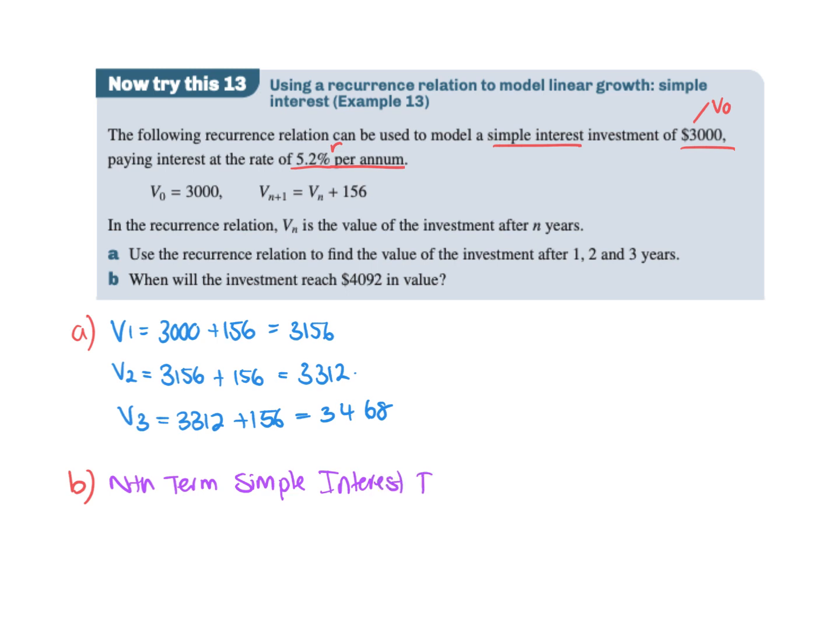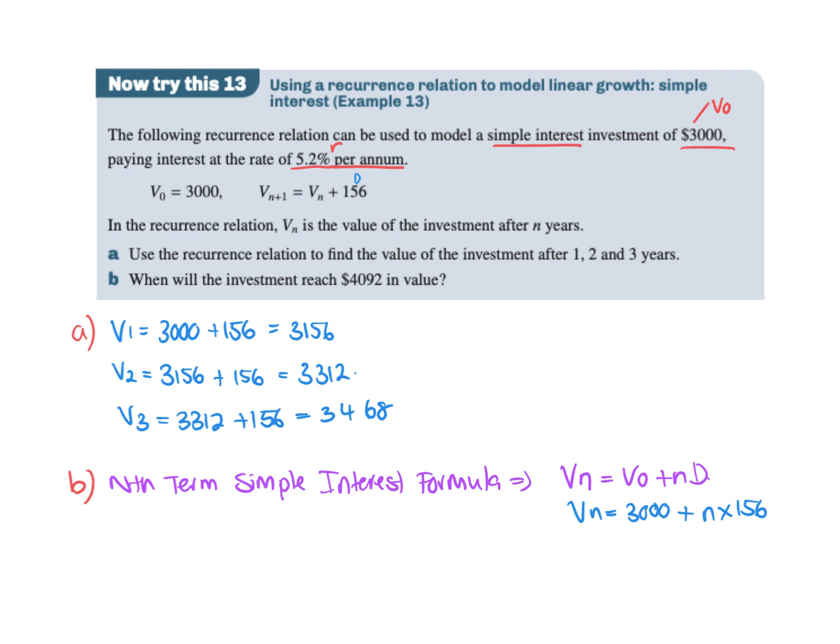Vn equals V0 plus N times D. So in this example, it would be 3,000, because that's V0, plus N times D, and I can see the D in that recurrence relation up there, so times 156.